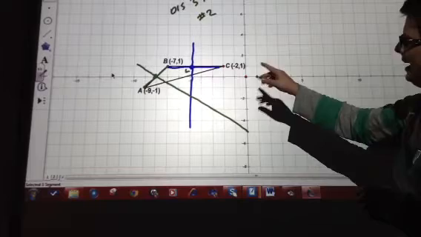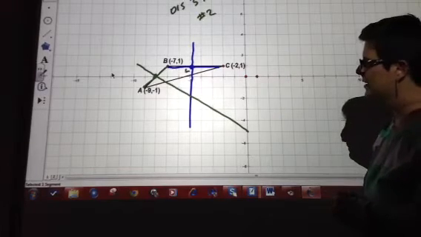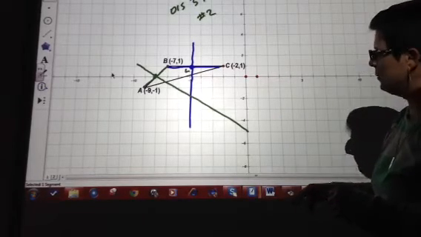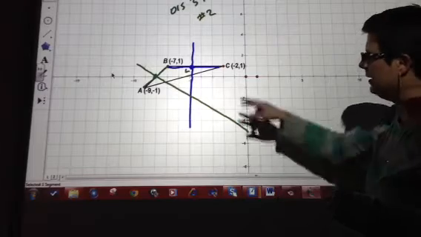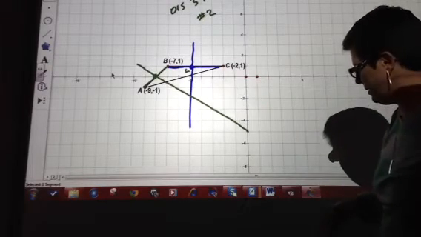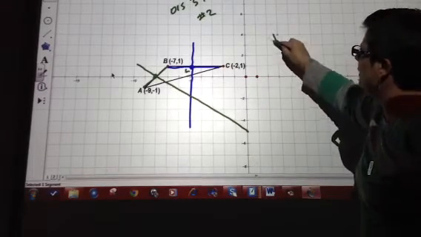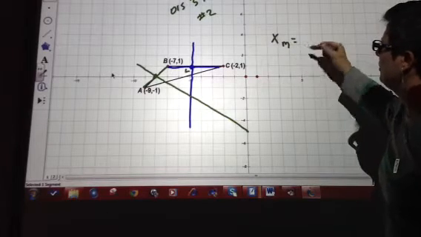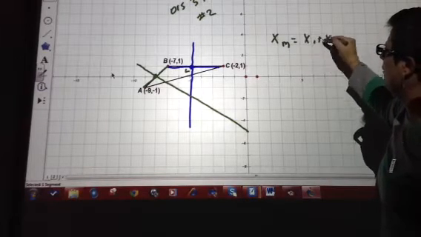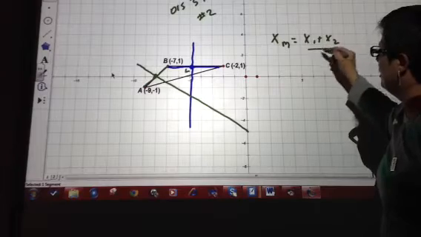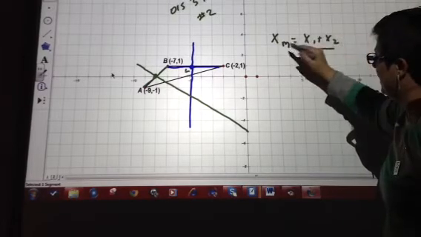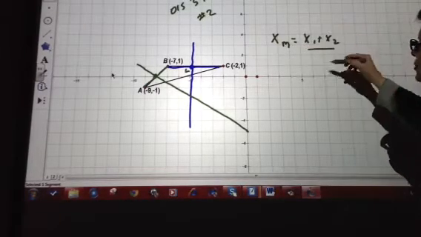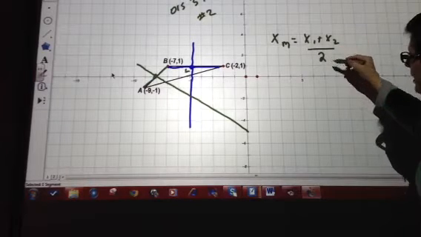So if I have this setup, I think first I would want to find the midpoint of segment BC. To find the midpoint, remember the x-coordinate of your midpoint would be the average of the x-coordinates of the endpoints.